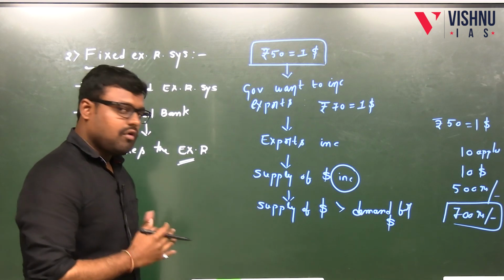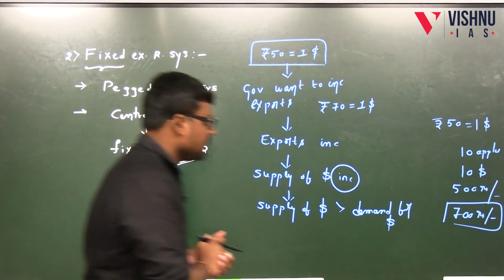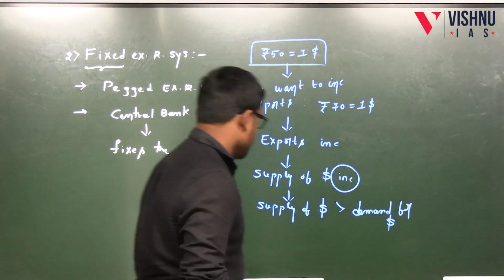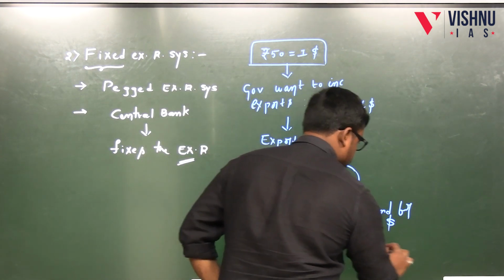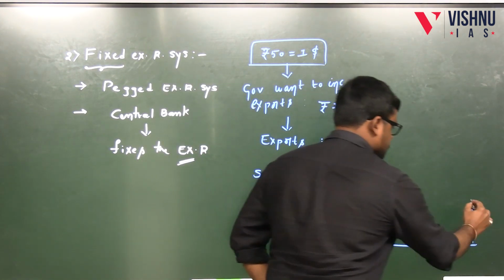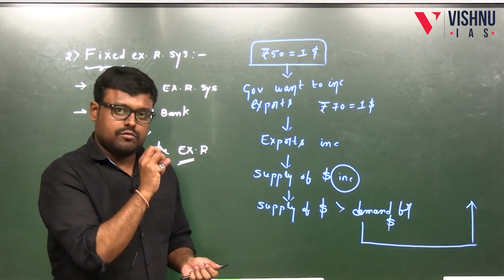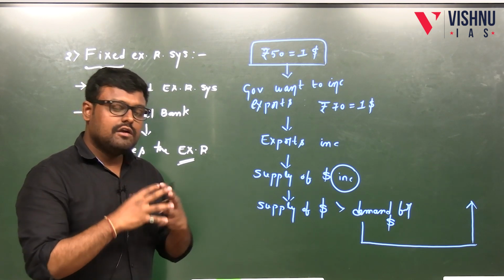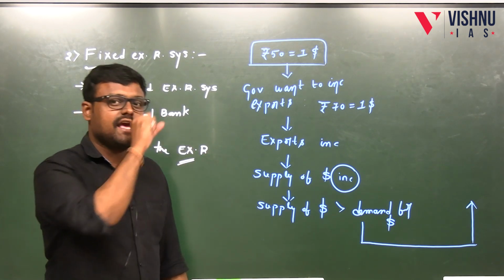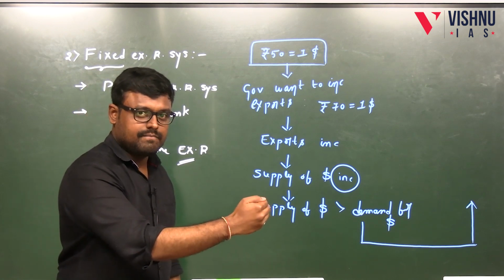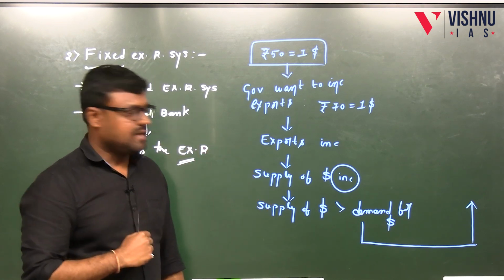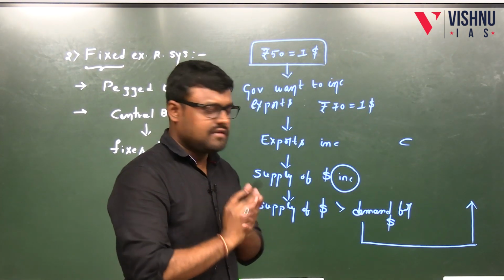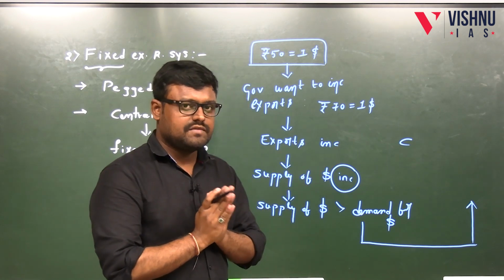So what the central bank will do is suck out the excess dollars present in the foreign exchange market. How will it do this? The central bank will purchase the excess dollars by using rupees from the foreign exchange market. Since I have taken an example of India and USA, I can write RBI in place of the central bank.